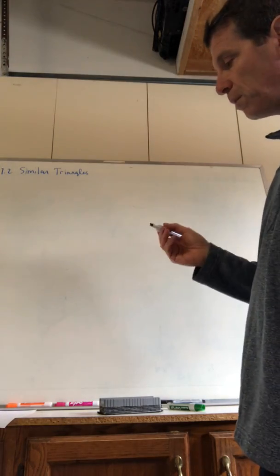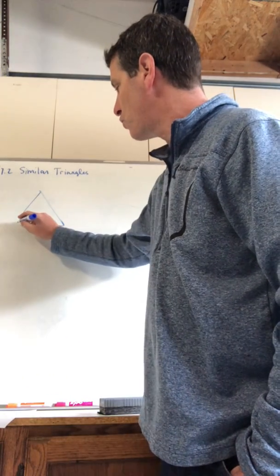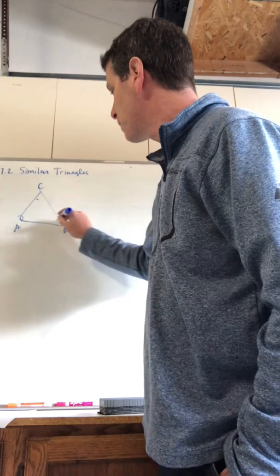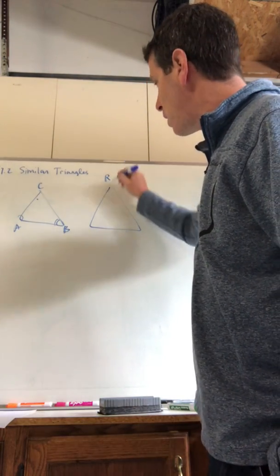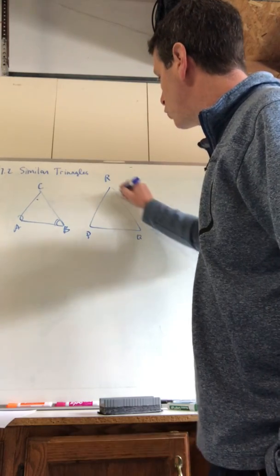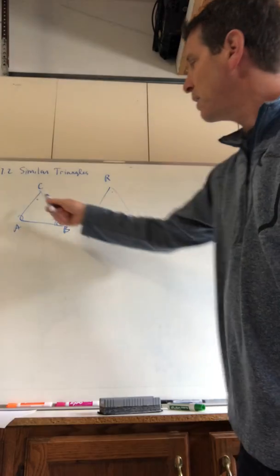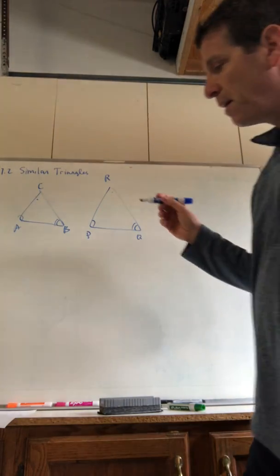So just doing a little bit more work with that scale factor before we move on. If I do triangle A, B, and C, and I can do another triangle here, R, P, and Q. These are similar triangles because the angles are all the same, so we know they're similar.